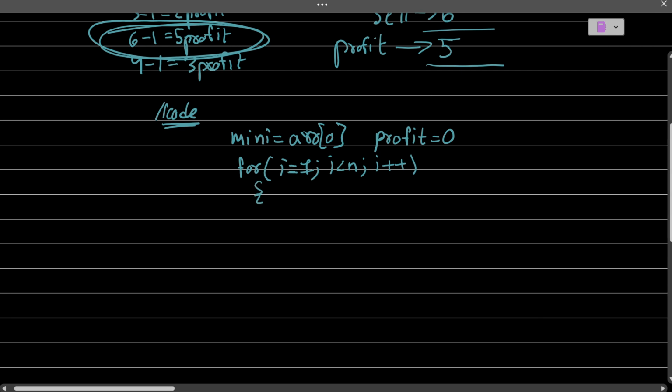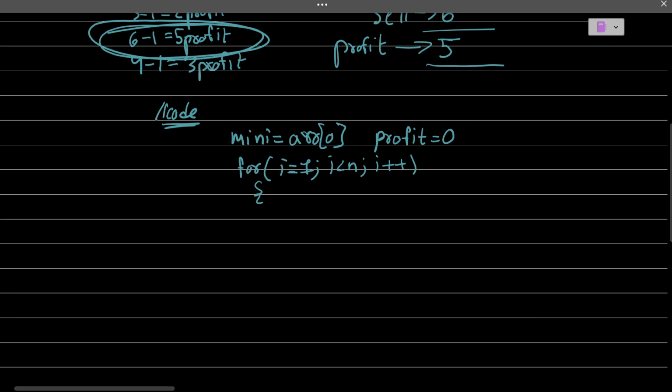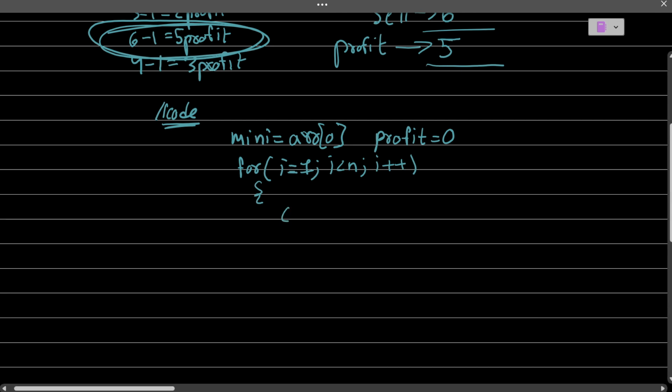Then what will happen here is I say the cost. What is the cost? Cost will be considered like the time that I sell minus the time that I bought the stock for the minimum price.